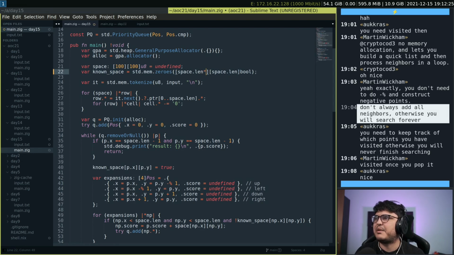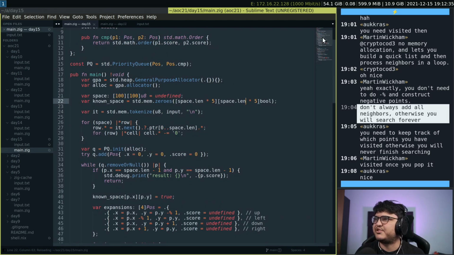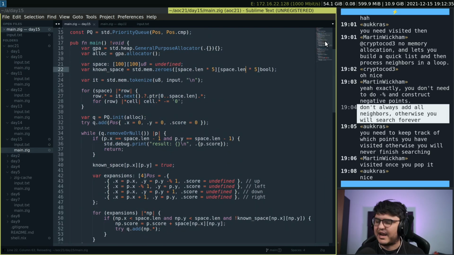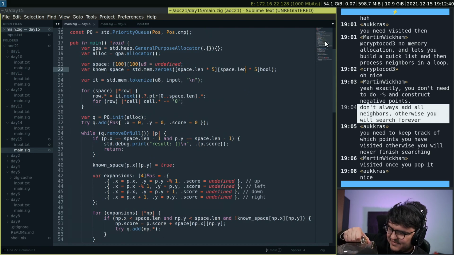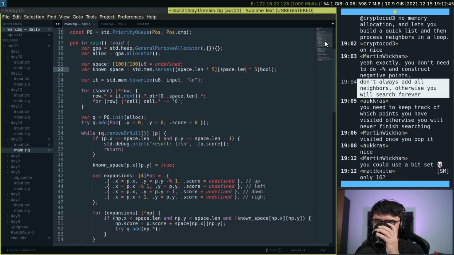I was about to say maybe we should make this a hash map, but you know what? I paid for the 16 GB version of this machine for a reason. Right? Like, I paid for the RAM, I want to use it. You could use a bit set, true.